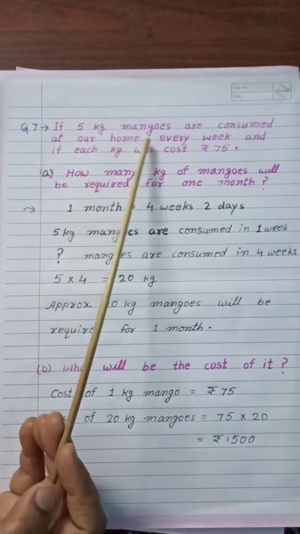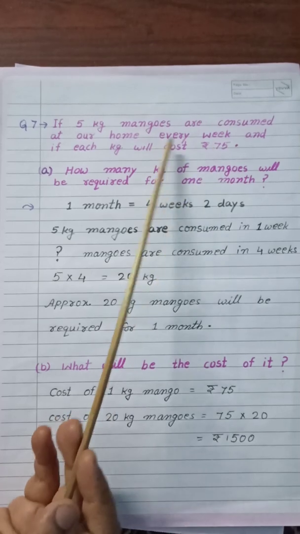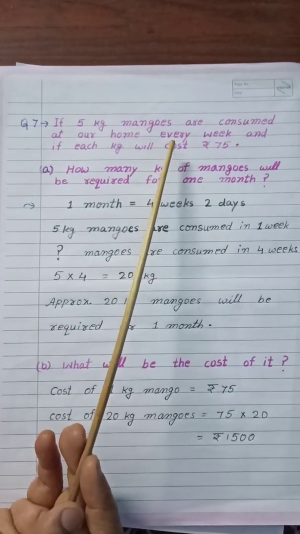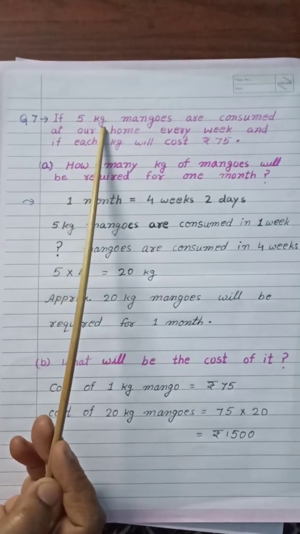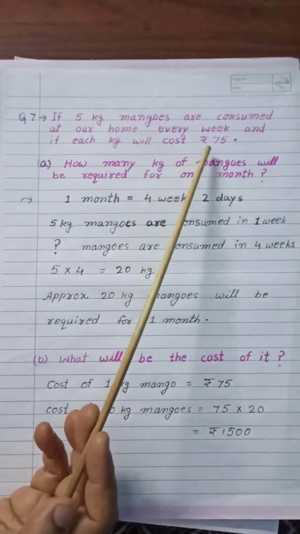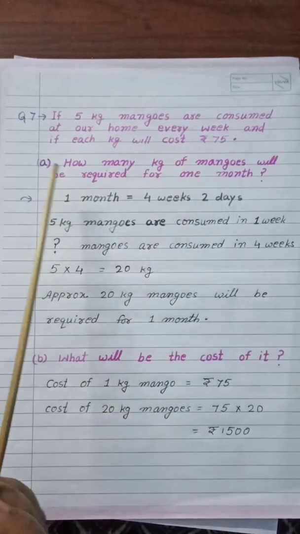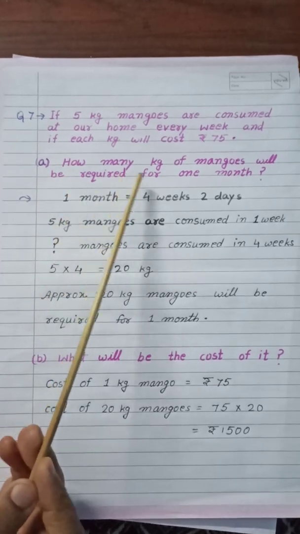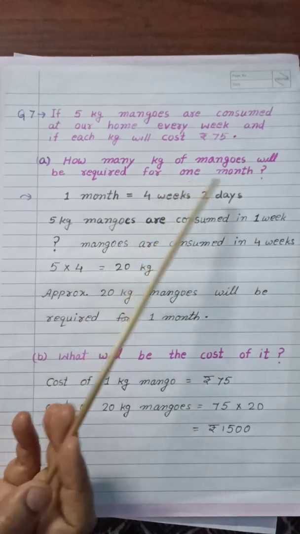If 5 kg mangoes are consumed at our home every week, so how much mango do we use every week? 5 kg mangoes. If the cost of 1 kg mango is equal to 75 rupees.